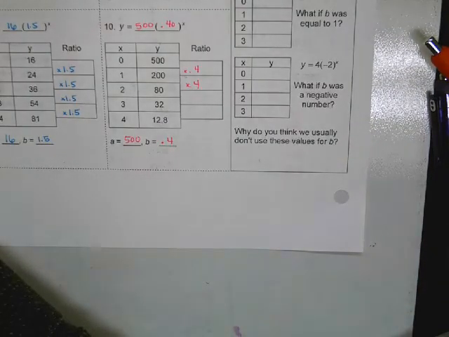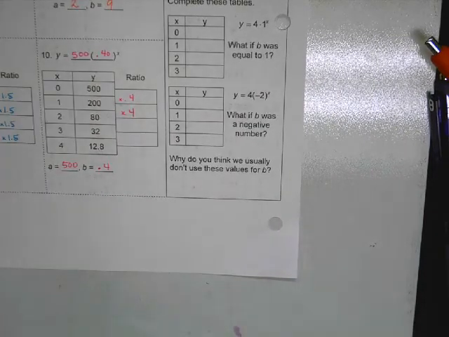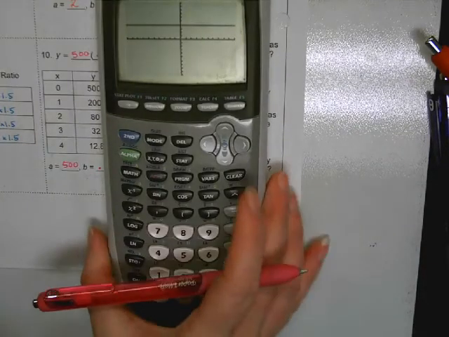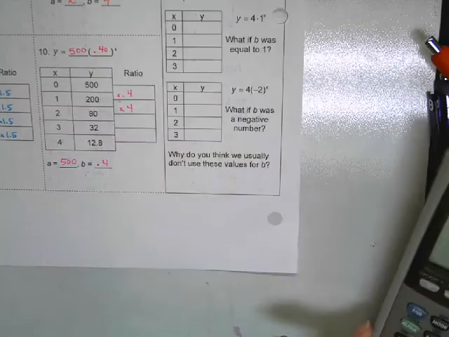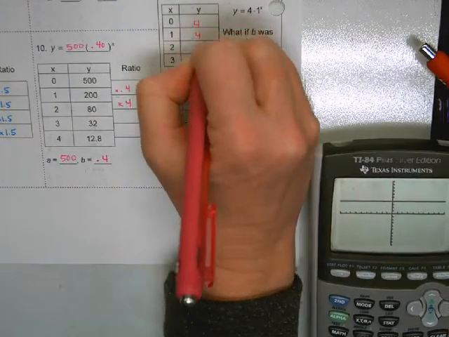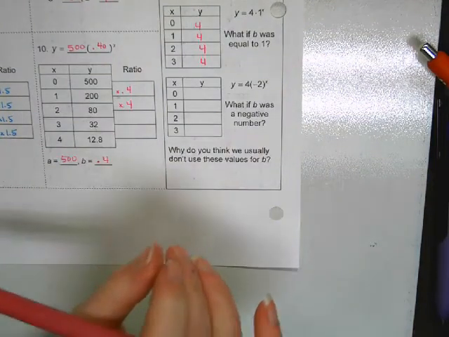Everybody good? Okay, last 2 things on this page. 4 times 1 to the x. If I plug that in my calculator, you can't have a base of 1 because 1 to any power is 1.